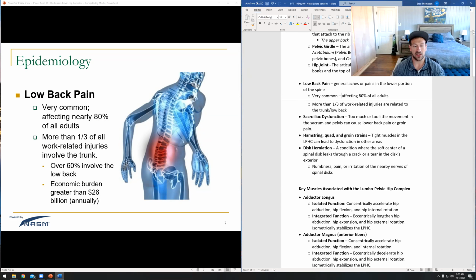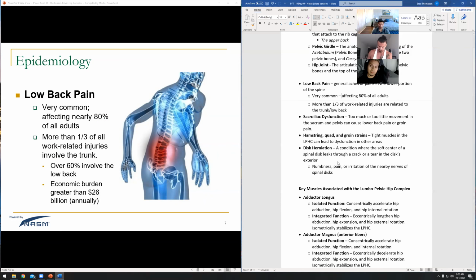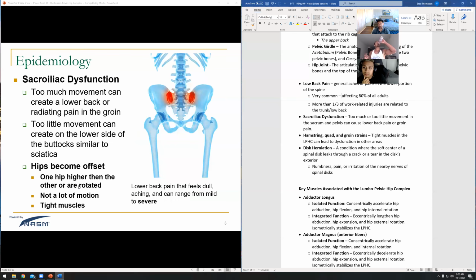So more than about a third of all work-related injuries usually involve the trunk, usually the low back, like I said, about 60% of them. But here's the thing, the economic burden of all this is $26 billion a year, right? It's a crazy amount of money. And when I say it costs 26 billion, that's money everyone is losing to healthcare bills.